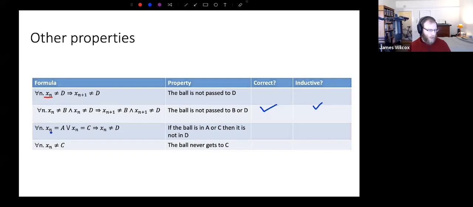Okay, here's an interesting one. Suppose we say for all n, if it's either A or C, then it's not D. And notice that I didn't change the index here. So this is a property just of one state.